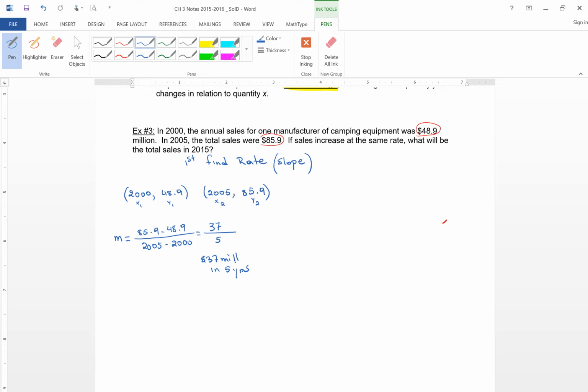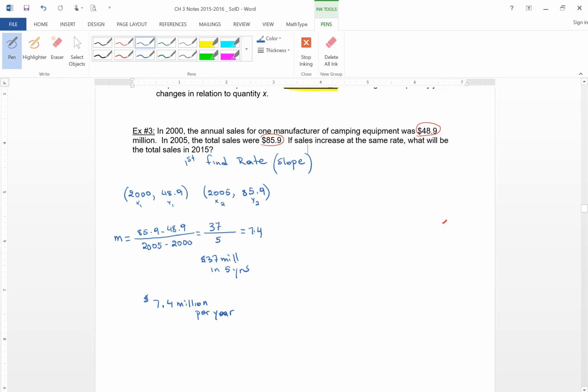Anybody? When you divide that, what do we get? It's 7.4. So we get that it changed by 7.4 million per year. Okay? So that's the rate per year.